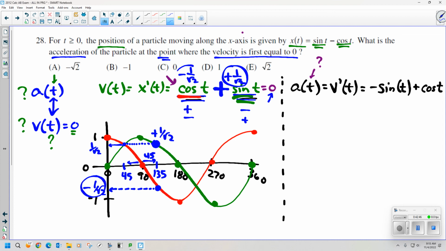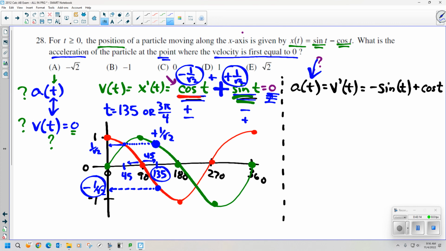When I combine negative 1 over radical 2 plus a positive 1 over radical 2, that's when I get my 0. So that happens at 135 degrees. So my t needs to be 135, or if you're doing this in radians, which you can, that's 3 pi over 4. So that's the t value that I want in acceleration.